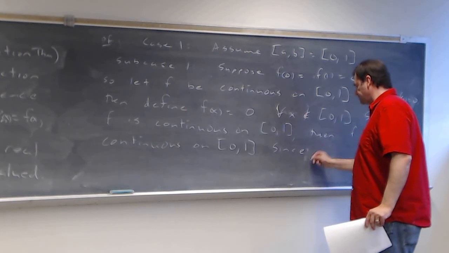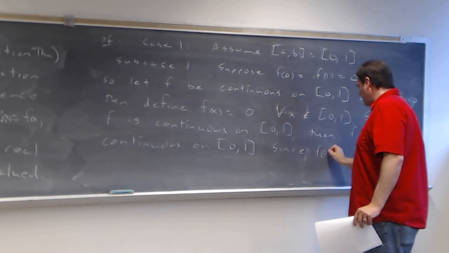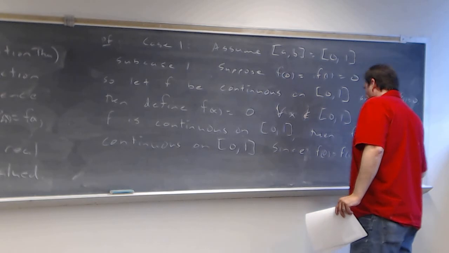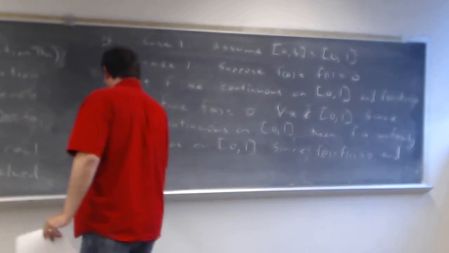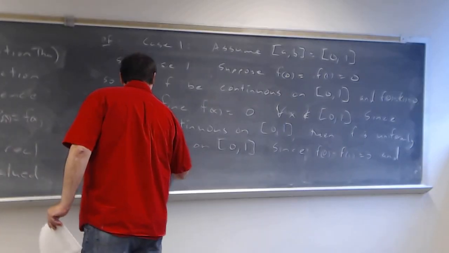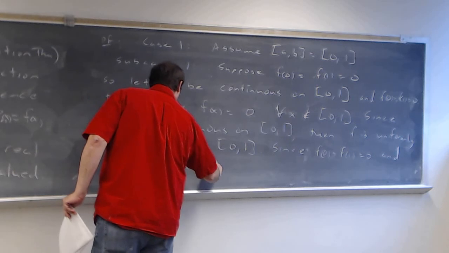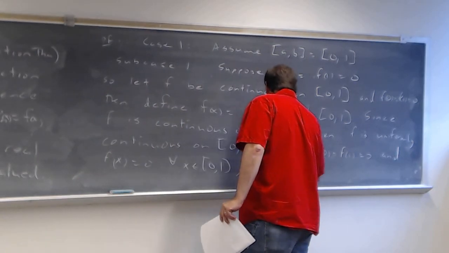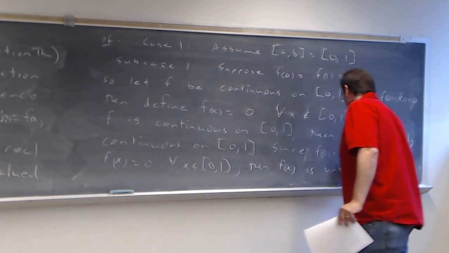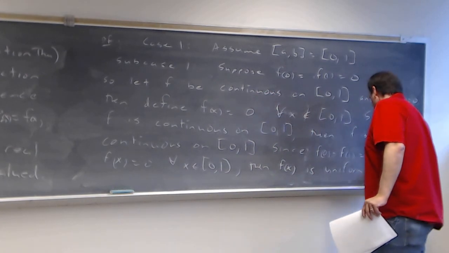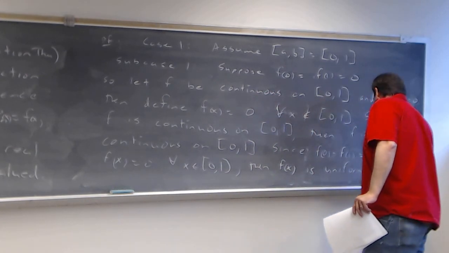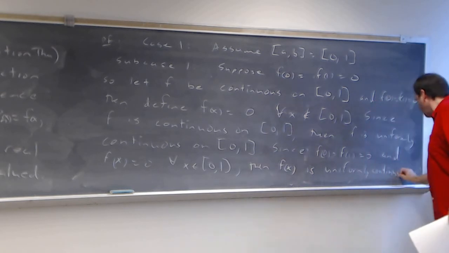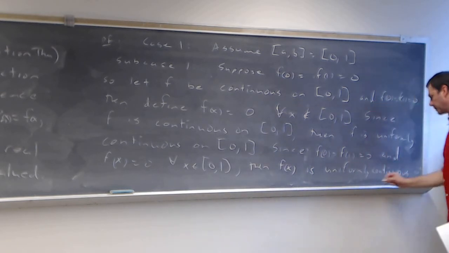Since f of 0 equals f of 1, which equals 0, and f of x equals 0 for all x not in 0 to 1, then f of x is uniformly continuous on R.